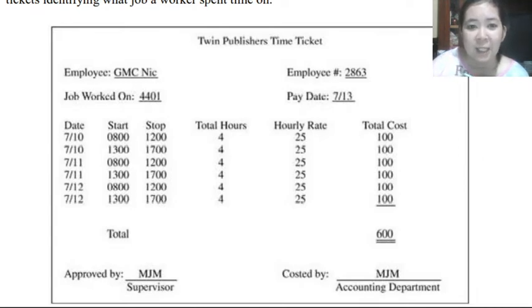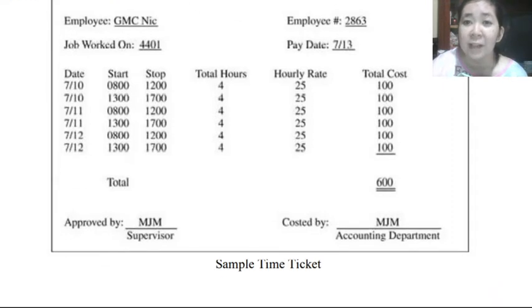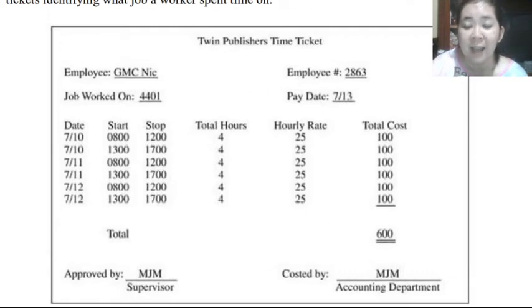This time ticket will be approved by the supervisor, and the computation should be done by the accounting department or cost accountant. Again, this is to make sure that there is segregation of duties between who authorizes or approves this time ticket and who computes and records this in the books of the entity's accounts.